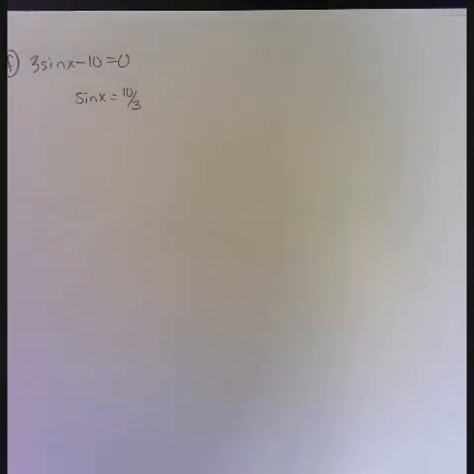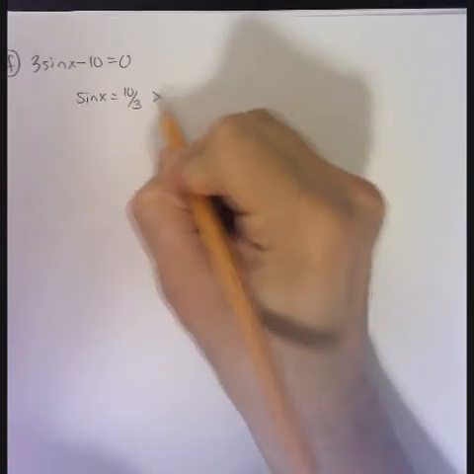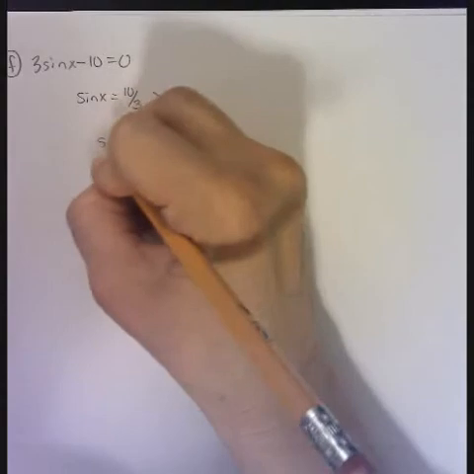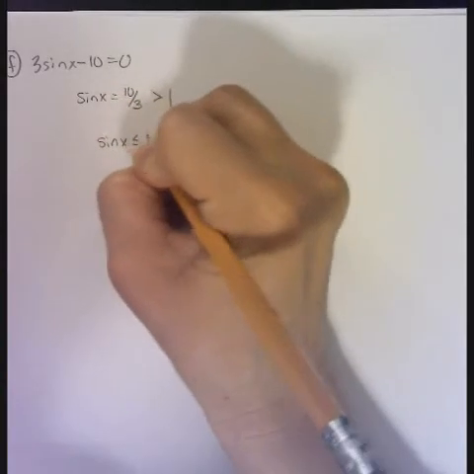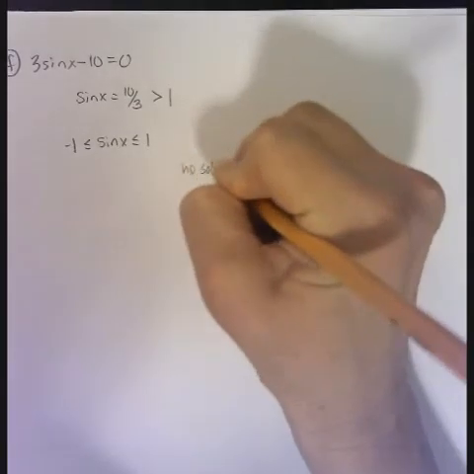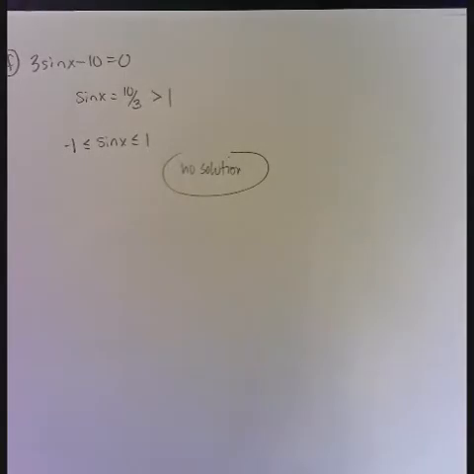Notice that 10 thirds is bigger than 1, and sine of x is always between -1 and 1. So this one has no solution. Now if that were a 1/3, we would handle it the same way as that cosine problem, but because it's a 10 thirds and bigger than 1, no solution.